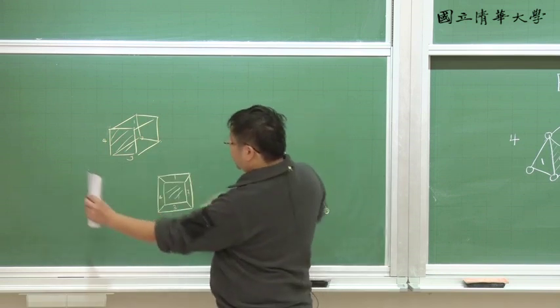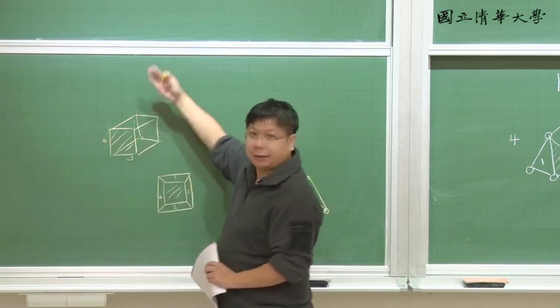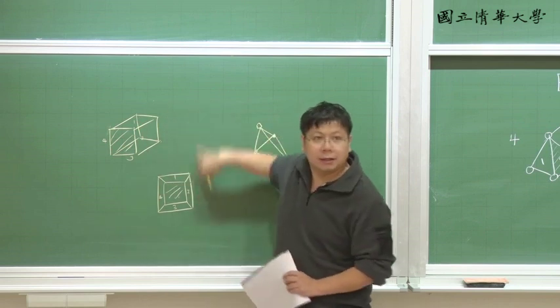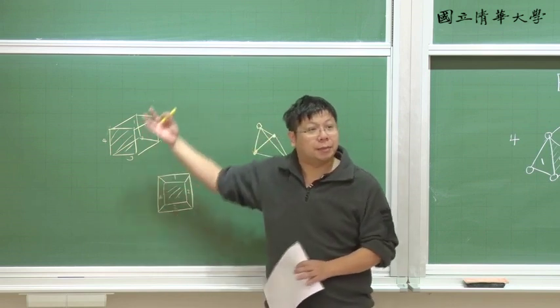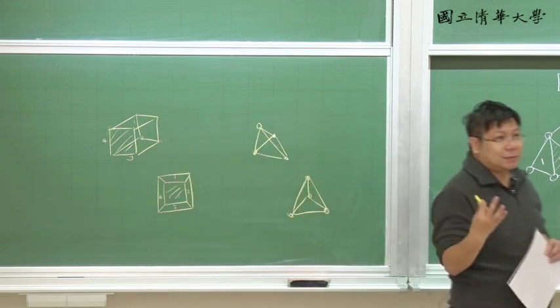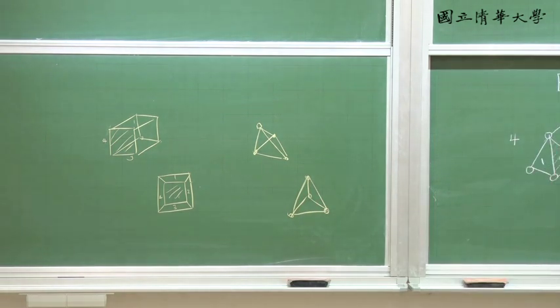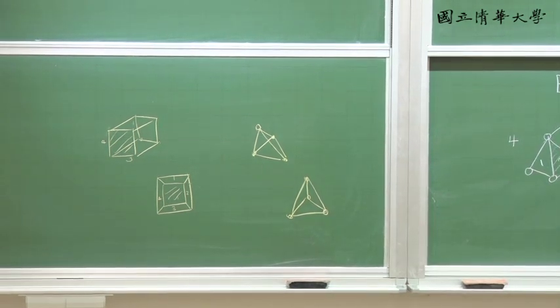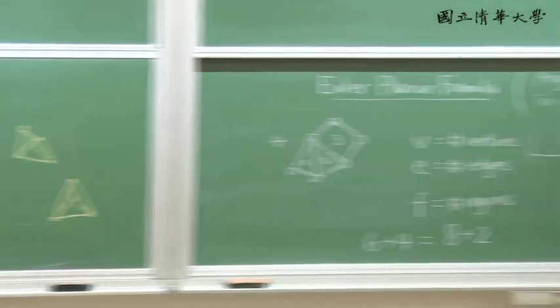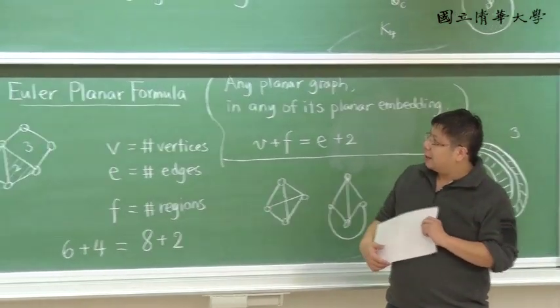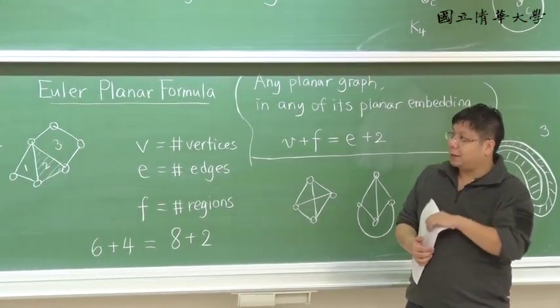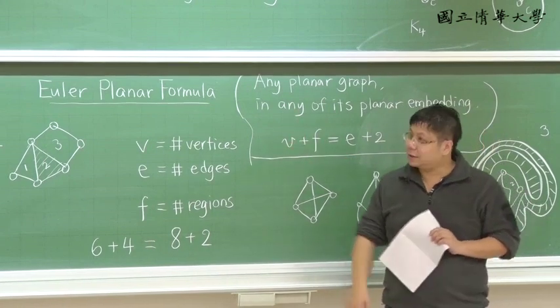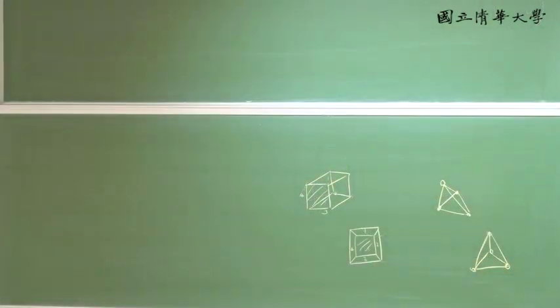If we are looking at this side, we don't see the back, so we use the outer space here to represent the back. And later we will give a connection of Euler's planar formula with this kind of regular objects that we can see in real life.